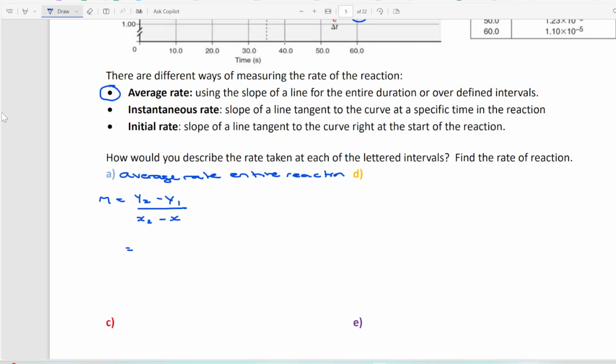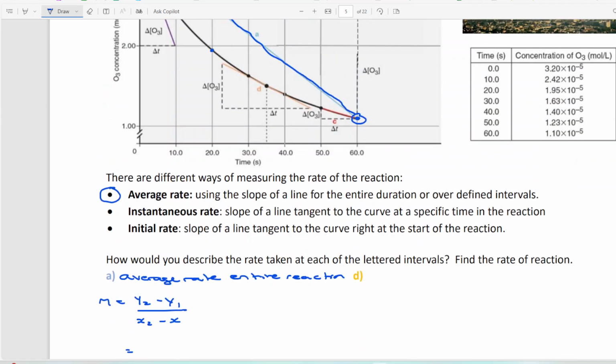For this one, our 2 points are going to be at time 0. We can just pull our data points from over here. One of my points is going to be 0 for my x value and 3.20 times 10 to the negative 5 for my y value. And then my other one is going to be after the entire reaction, so 60 seconds, where my y value is 1.10 times 10 to the negative 5.